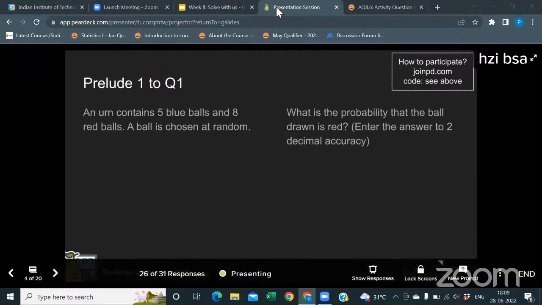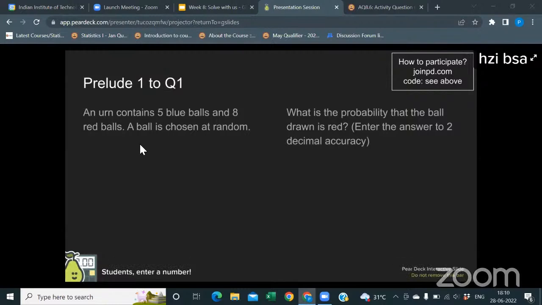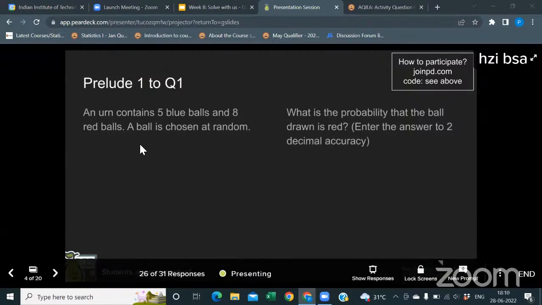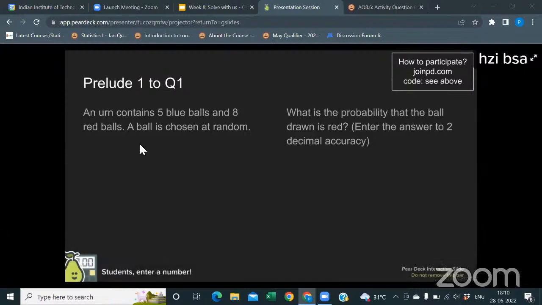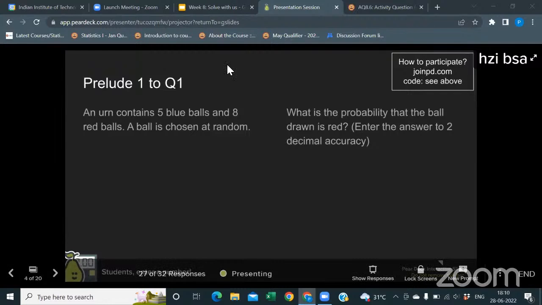Let's wait for 1 more minute. There are only 5 participants who are left. I think this is a very easy one, right? Yes, sir. Sir, 8 by 13. We will see what the answer is.